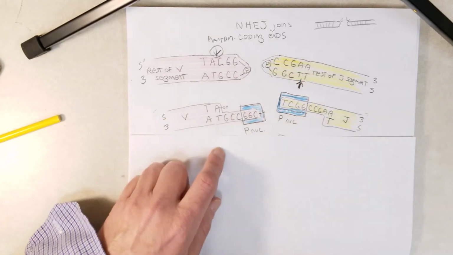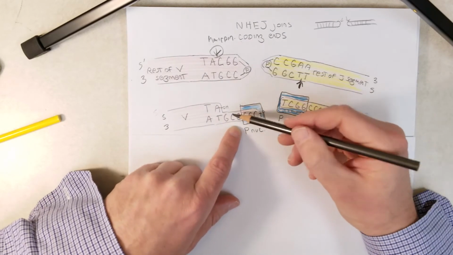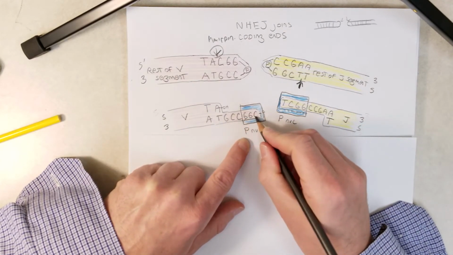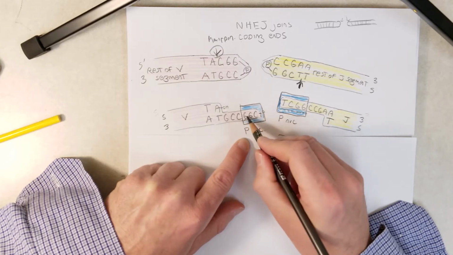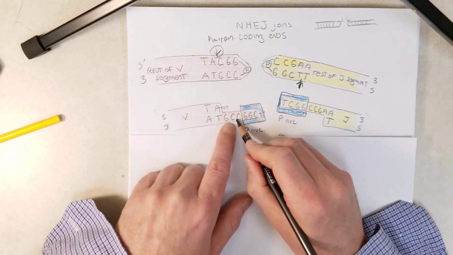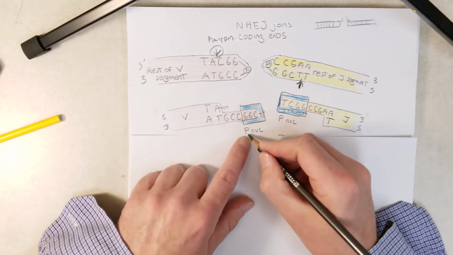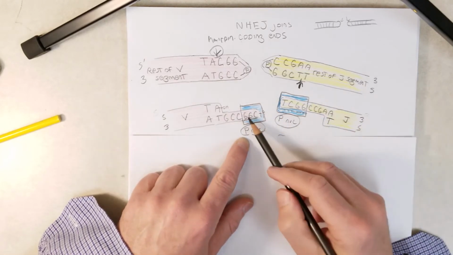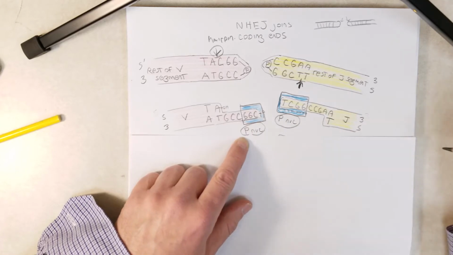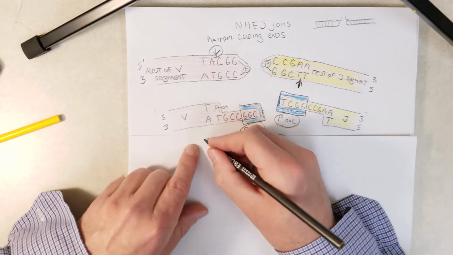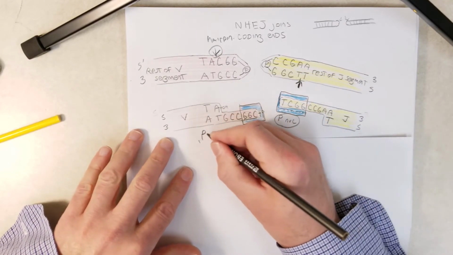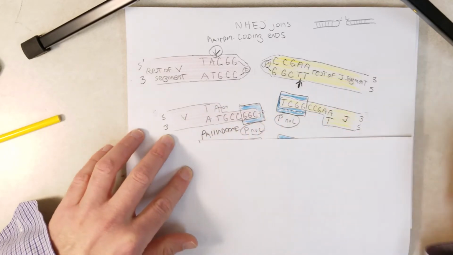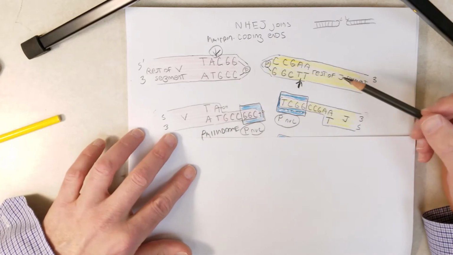When these flip out, these new bases, which are extensions of the bases that used to be here, are called P nucleotides. So we have P nucleotides on each end here. The P is for palindrome, or palindromic nucleotides.